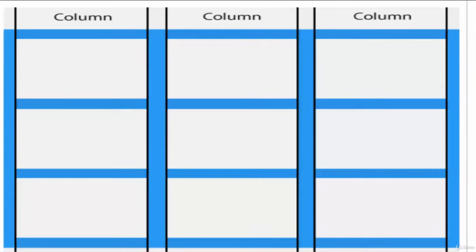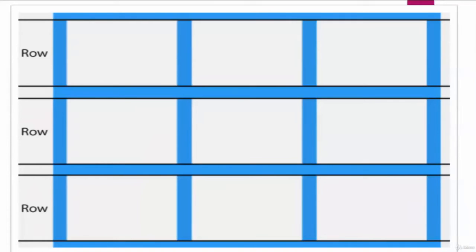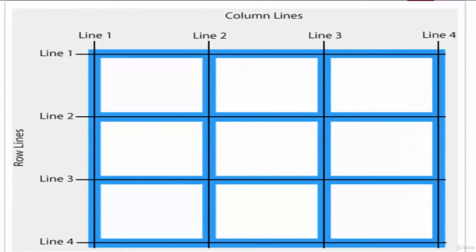The horizontal line of grid items are called rows, and the vertical line of the grid items are called columns. The space between each column or row are called gaps. The line between columns are called column lines, while the lines between rows are called row lines. Let us learn the rest in the browser.